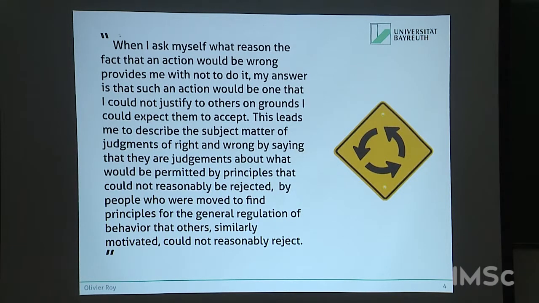These are principles that could not be rejected by people who are looking for what to do and are motivated to find these principles on the same ground as you. That is, principles that would not be rejected by people who would think, what would I accept if people were motivated to find principles, and so on. So you can see that's why there's this circularity. It's a recursive idea.